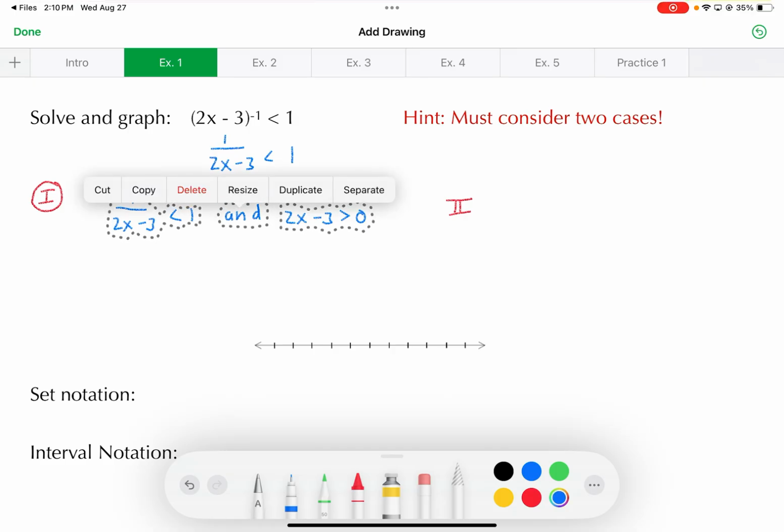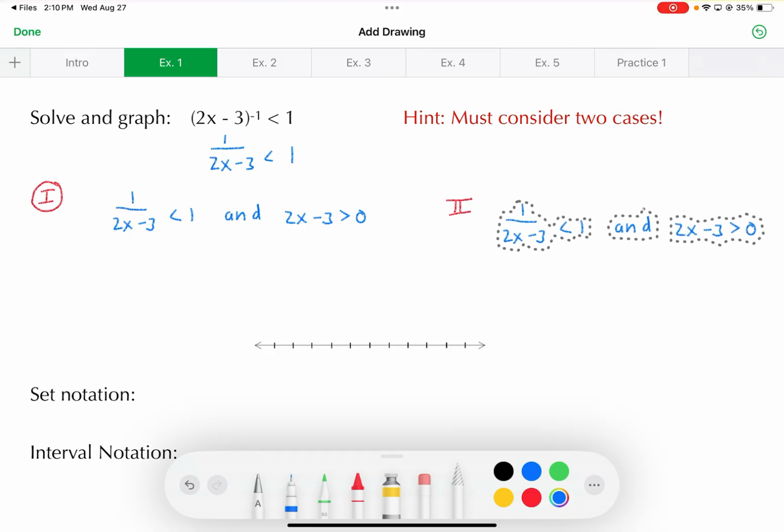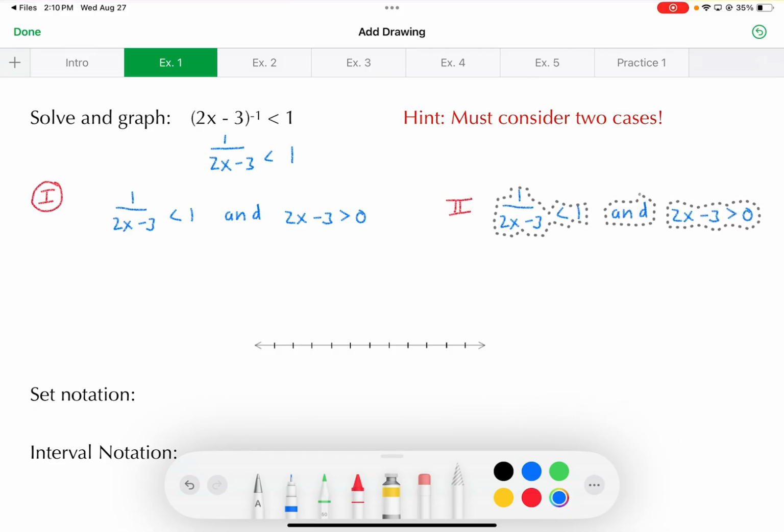Copy it. Paste it over here. And in the second case, all I'm going to do is change 2x minus 3 from being greater than 0 to being less than 0, meaning it's now negative. Okay?